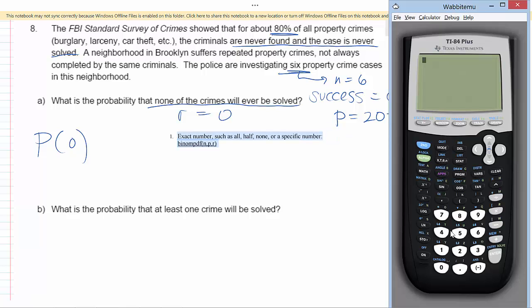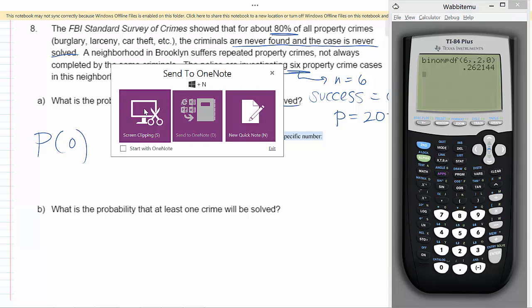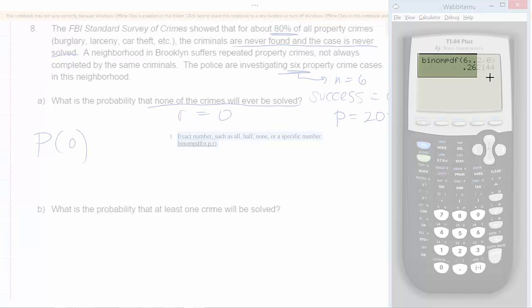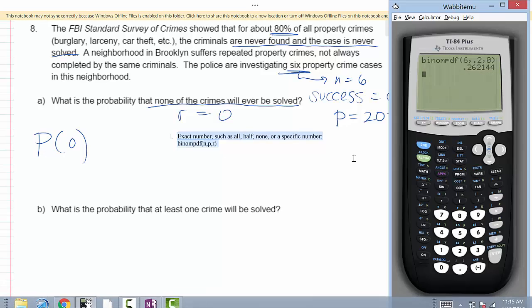I'm going to go to my calculator and do second vars. Binomial PDF is alpha A, and I have 6 trials, a probability of success of 0.2, and we are looking for 0 crimes, 0 successes. And I can hit enter and I find the probability that none of these 6 crimes are solved is about 26.2%.